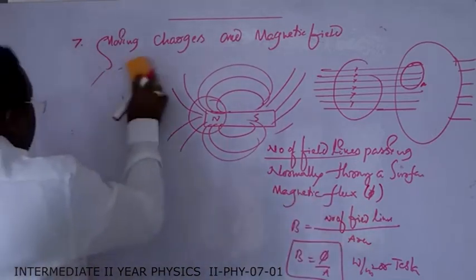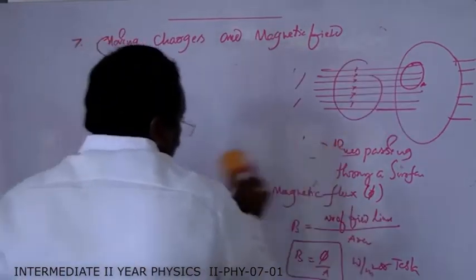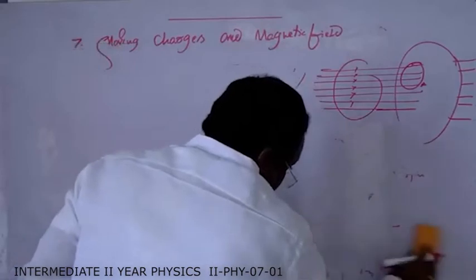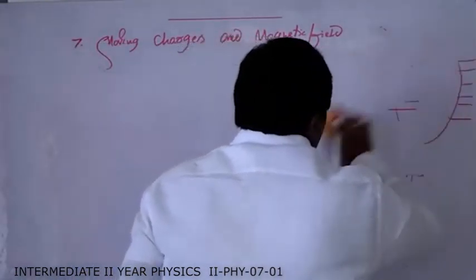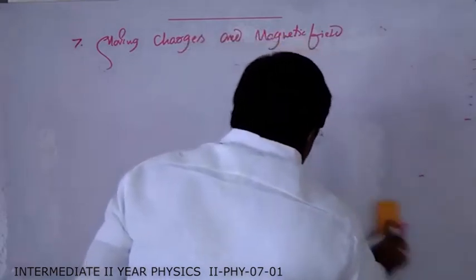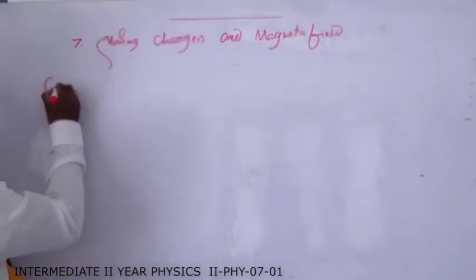But in this chapter, the main objective is to study the magnetic field. We are going to calculate the magnetic field by passing current through different shapes of conductors. First, you take a curved conductor.